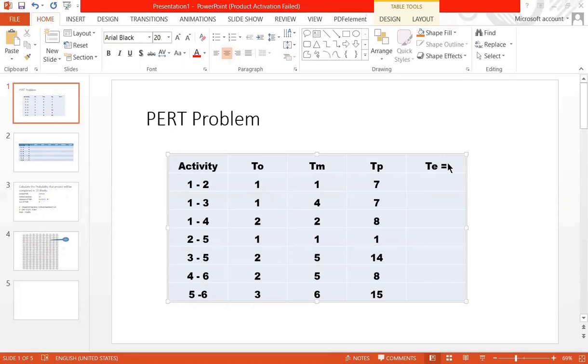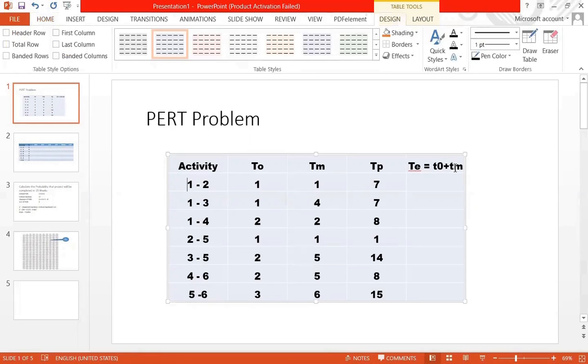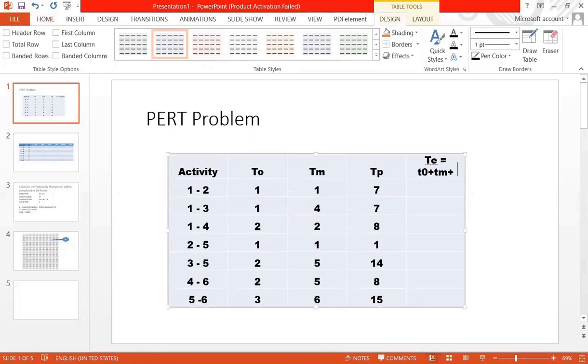Formula to calculate expected time is, as you know, TO plus 4 TM plus TP, divided by 6.